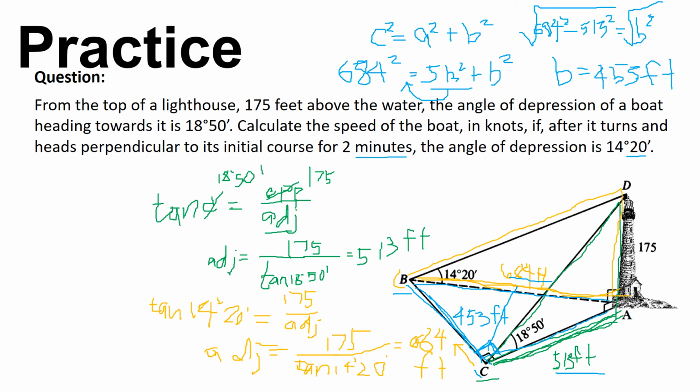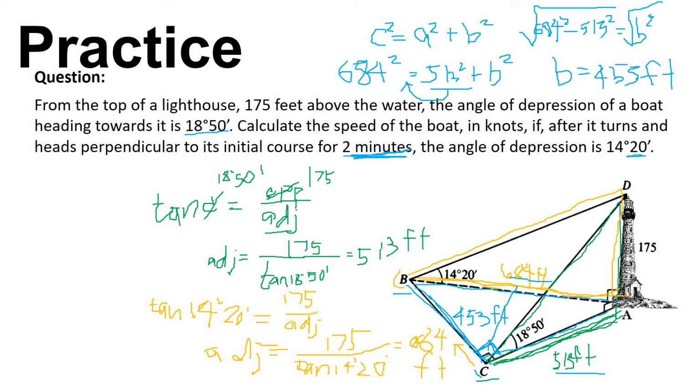One is a unit of time, and the other is a unit of angle, like 14 degrees 20 minutes and 18 degrees 50 minutes. Those are not the same unit of measurement. They just have the same name, so don't get confused with that.